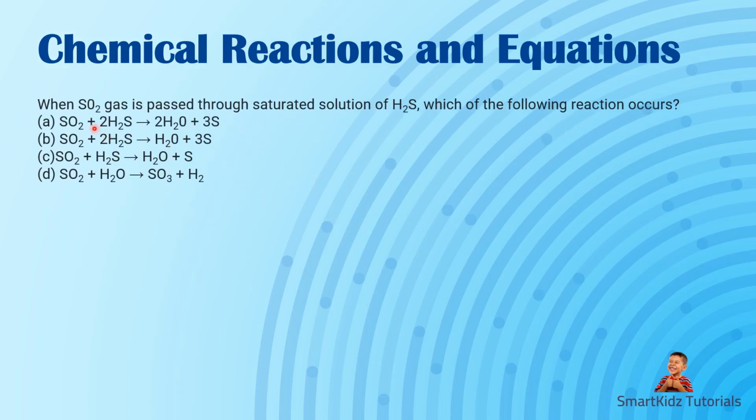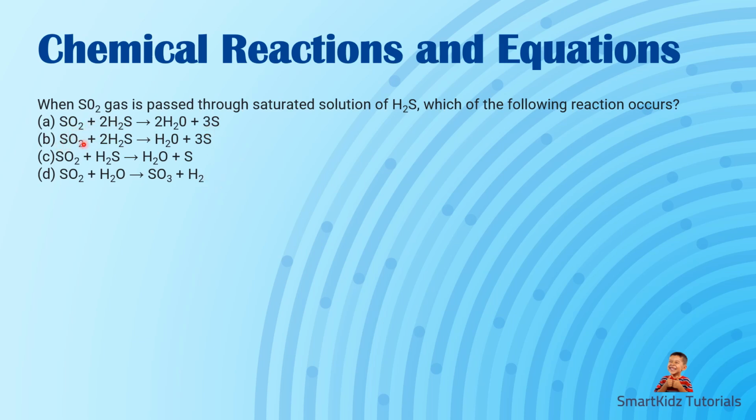Next question. When sulfur dioxide gas is passed through a saturated solution of hydrogen sulfide, which of the following reactions occurs? These are the choices available. Basically you have to put it down in the reaction equations to find out which equation actually happens.